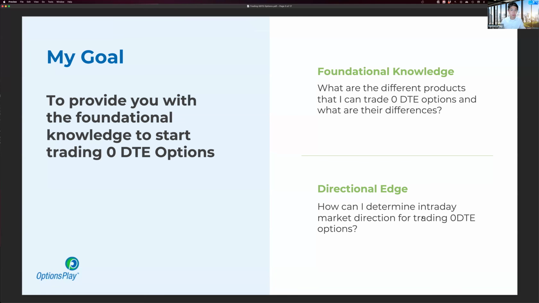Those are the two primary breakdowns that will help us accomplish our goal of building that foundational knowledge, building on top of what we learned last week, to really give you the knowledge to start trading these types of strategies with 0 days to expiration if these are new to you.